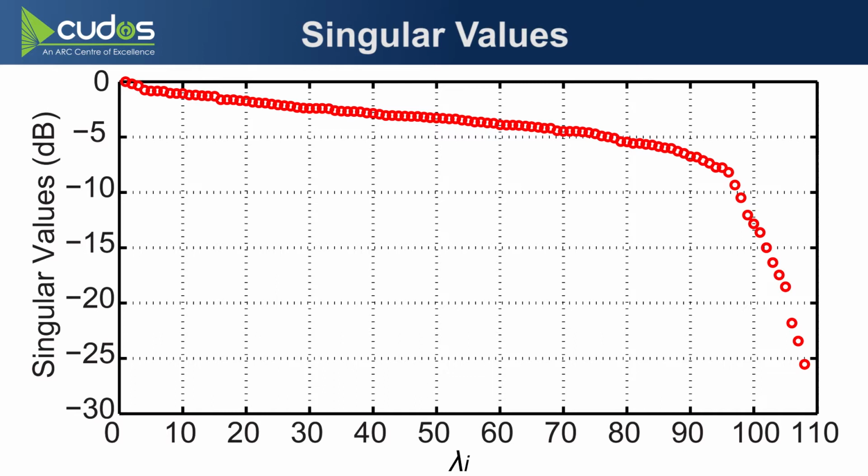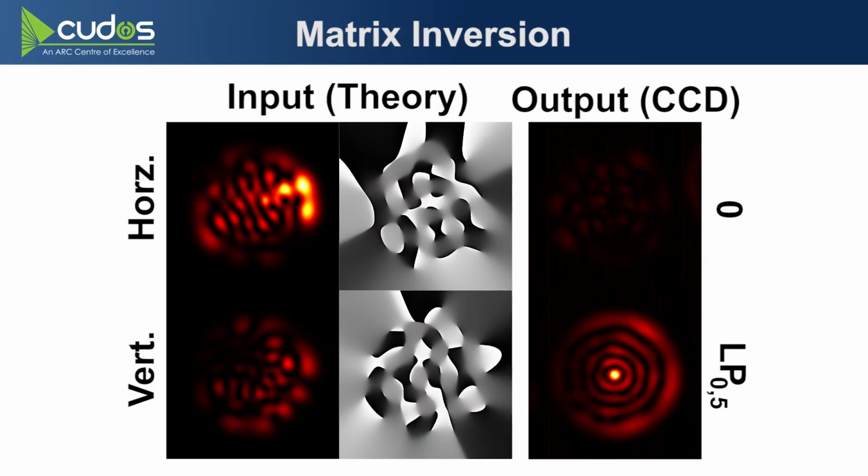Amplitude's not too bad. Now, with the full matrix acquired, we know how every input maps to every output, and we can start to make particular patterns show up at the receiver. For example, say I want to make an LP05 mode arrive at the receiver in some particular polarization. It's one of the highest order modes the fiber supports.